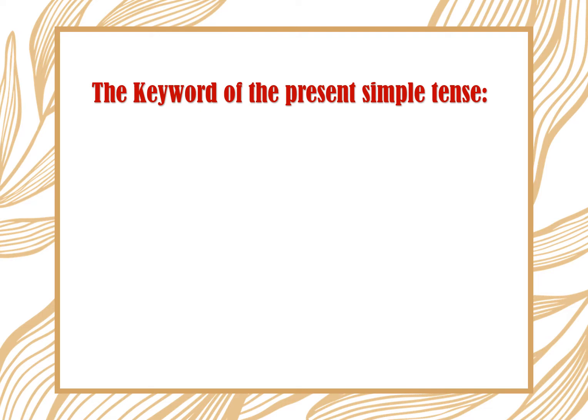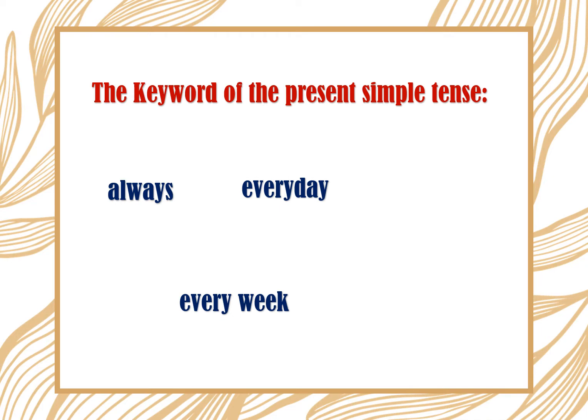For example, for the present simple tense, we have the words always, every day, every week, every year, usually, and there are so many different keywords that we can identify, but mostly we use every day, every week, every year, every summer, every month, always, usually.